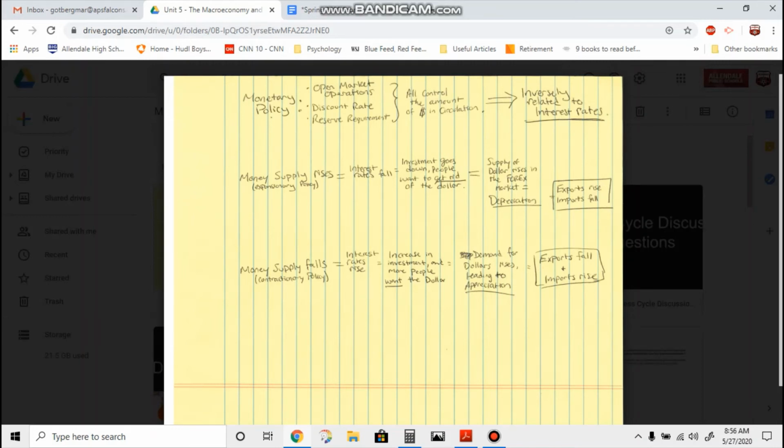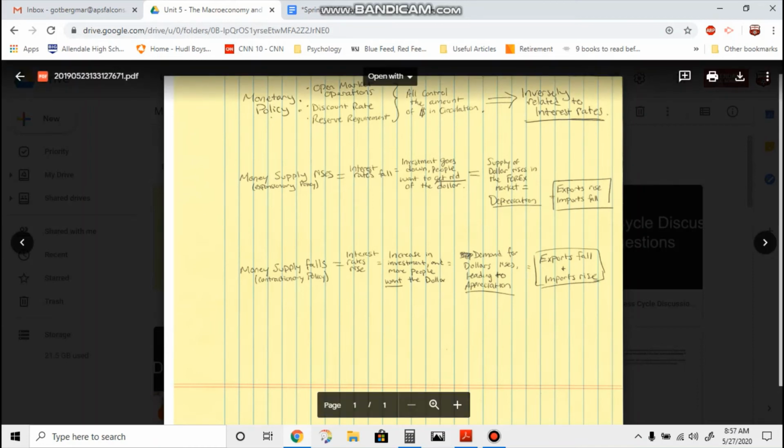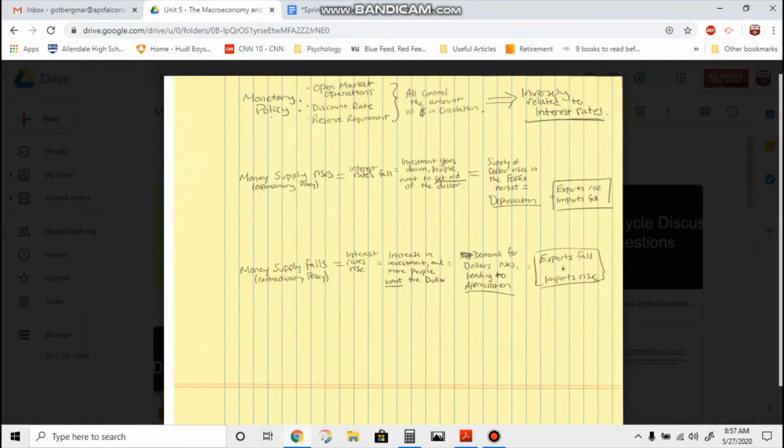More people want to buy our goods because it's cheaper for them to buy our stuff, but it gets more expensive for us to buy other countries' stuff, so our imports are going to fall. So when the Federal Reserve engages in expansionary policy, that causes the money supply to rise, which eventually leads to a rise in exports and a fall in imports.